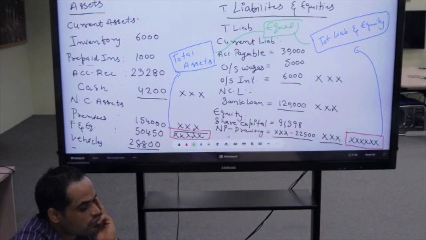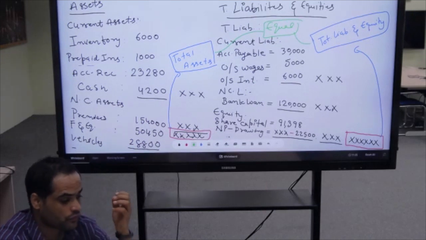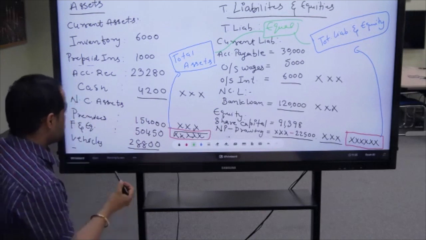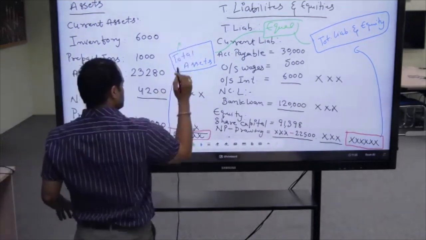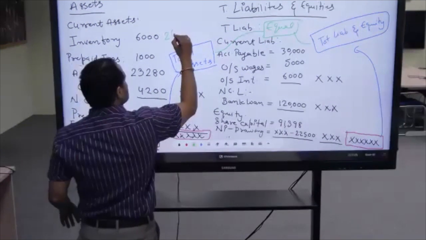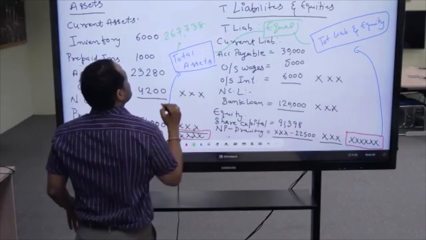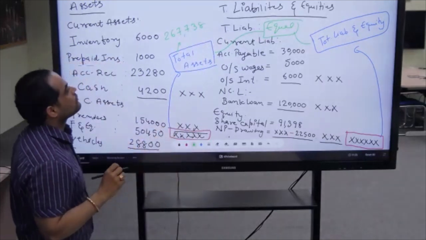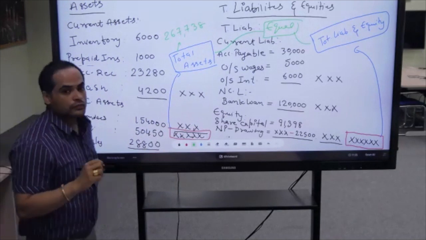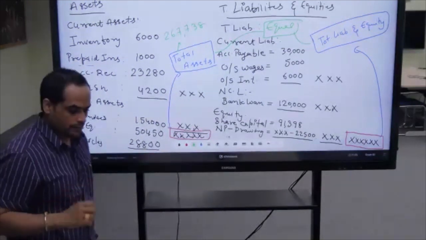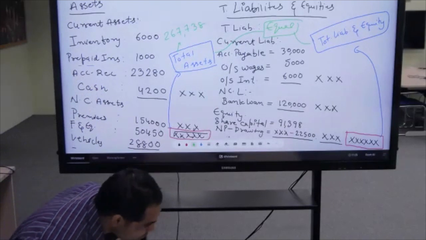267,730. Yeah, that's right. Your total assets is right. 267,730. And your total liabilities plus equity should be the same.